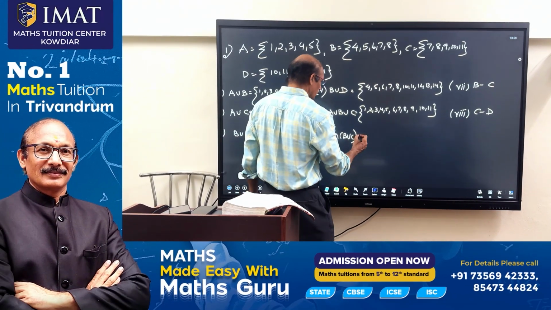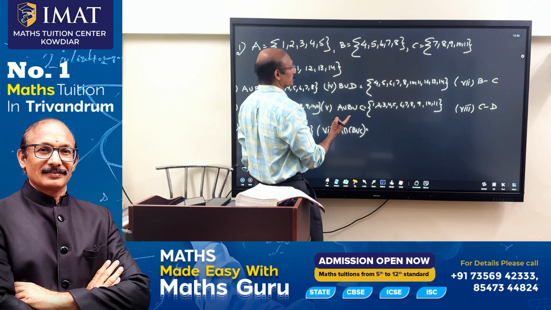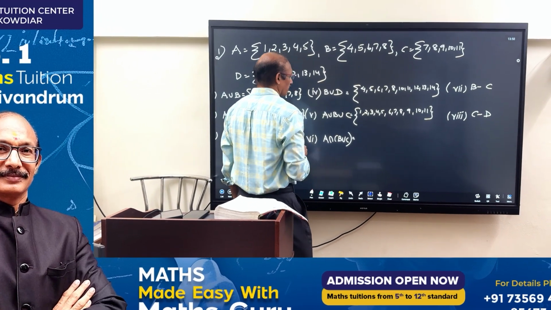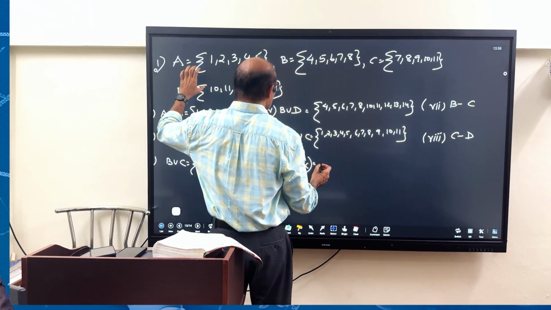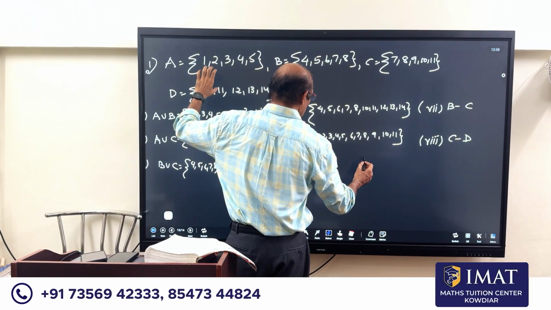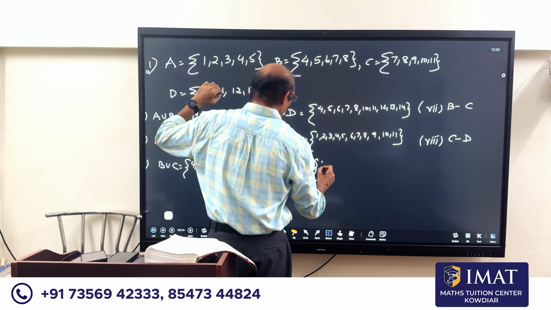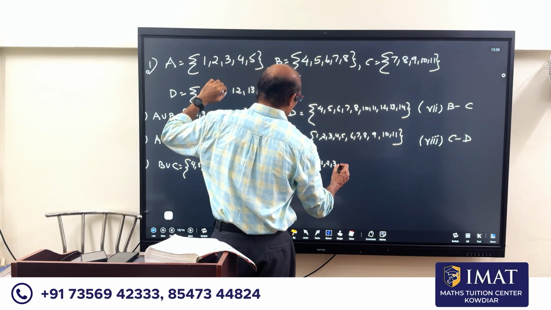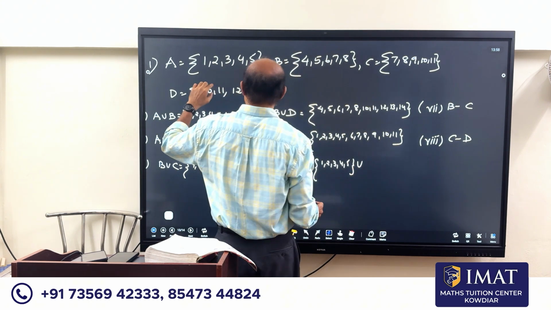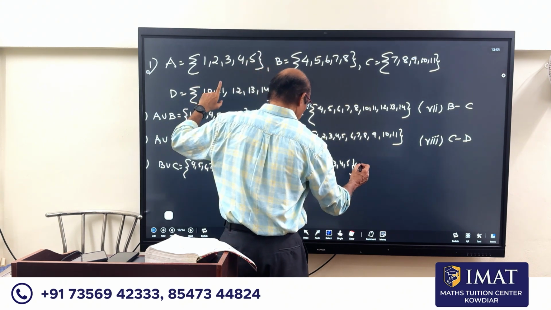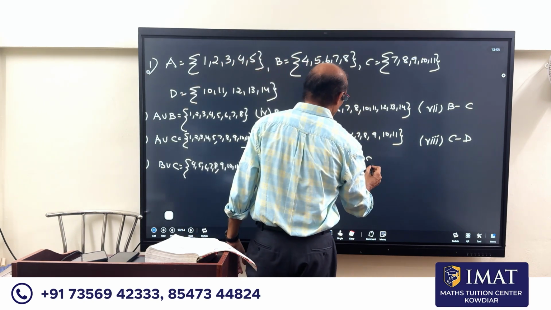Now what about this one? It's A intersection B union C. So first you take B union C and then with A. Let us leave A as it is: 1, 2, 3, 4 and 5. Intersection, B with C. What is B union C?